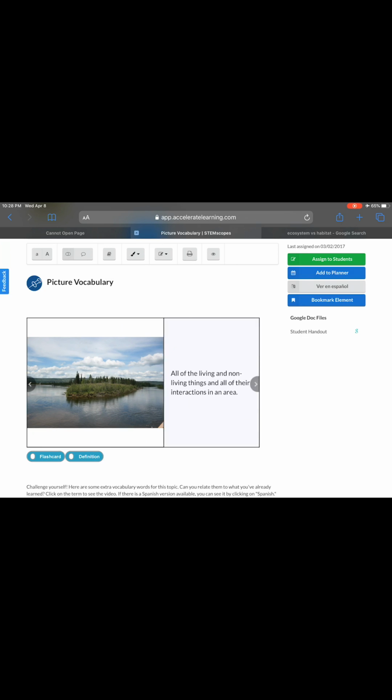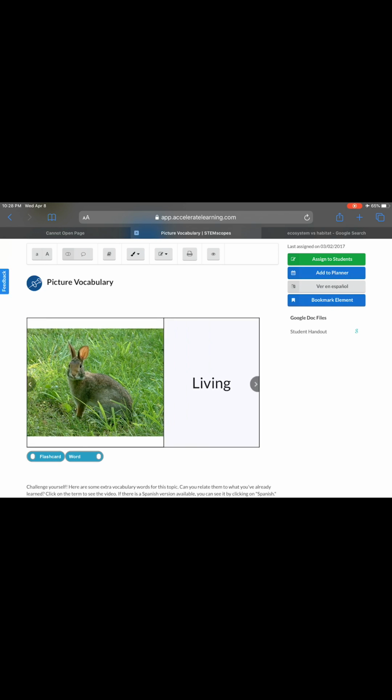Next, ecosystem. All of the living and non-living things and all of their interactions in an area. Living. Characterized by having a metabolism and the ability to maintain life processes.